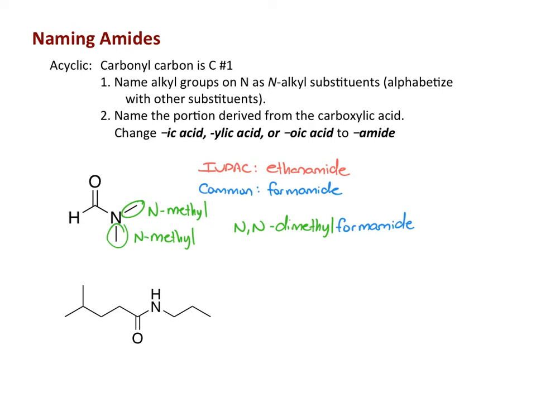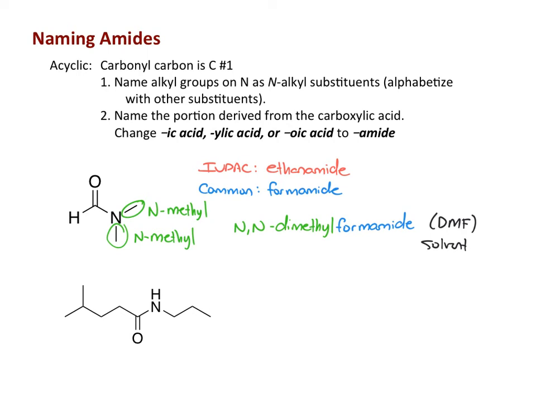The common name's actually more common for this one because this N,N-dimethylformamide is typically abbreviated as DMF, which is a common organic solvent. And that's what we usually just call it, is DMF.